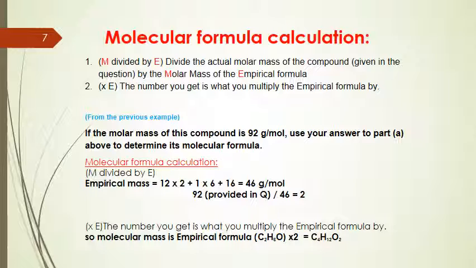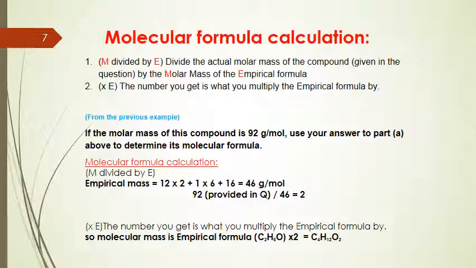You're told in the question it's 92 grams per mole for the actual compound, so that means that you have to multiply the empirical formula by 2 to get the actual molecular formula. So the empirical formula is C2H6O, so all you're doing is multiplying each of those individual atoms by the coefficient you've calculated in the last step, which is 2.